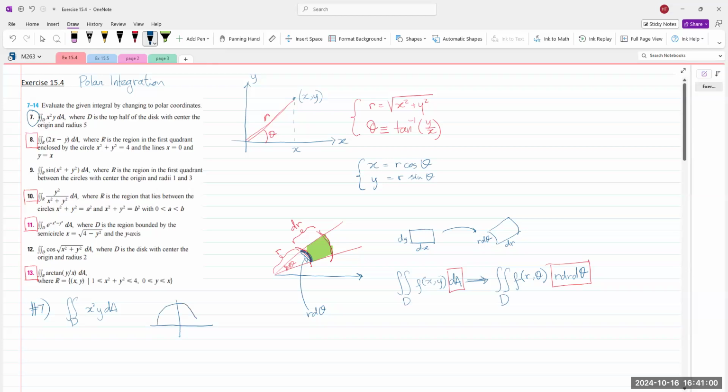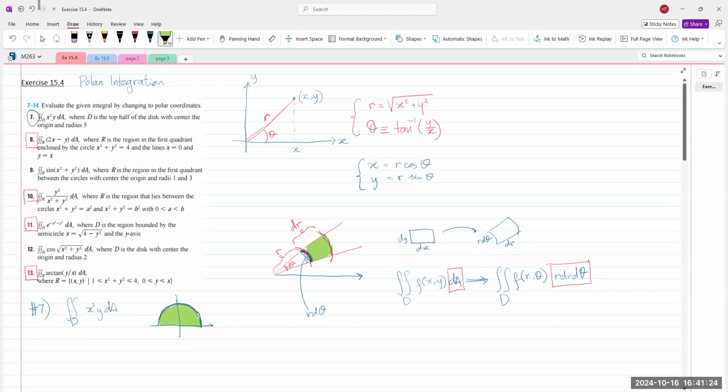Hold on, it says disk. Why doesn't it say circle? A circle, or a half circle, or a semicircle, just refers to only the boundary of that circle. A disk refers to not only that circle but also the inside of it.